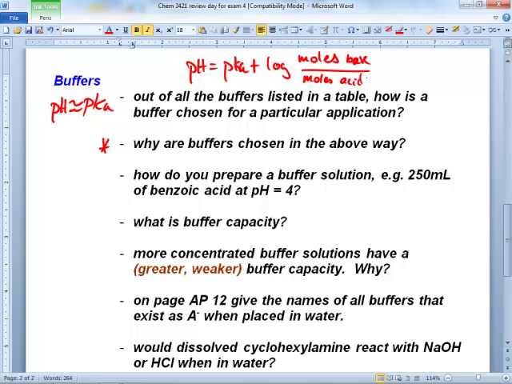What's that? 0. Yeah, I know, but how do you get 1 out of this? Yeah, log of 1 is 0, but where's the 1 coming from? The moles of the base equals the moles of the conjugate acid. Right. They're equal amounts, equal populations.